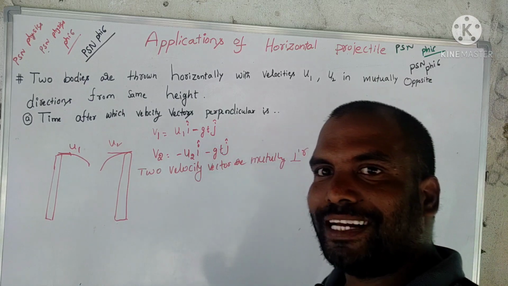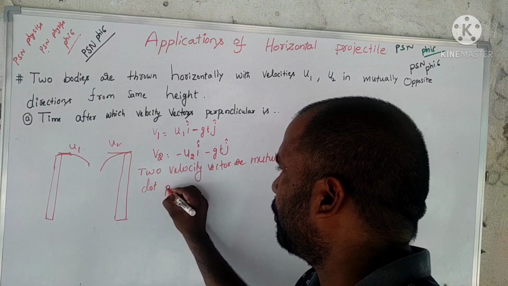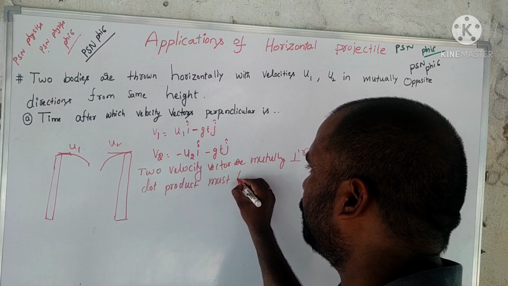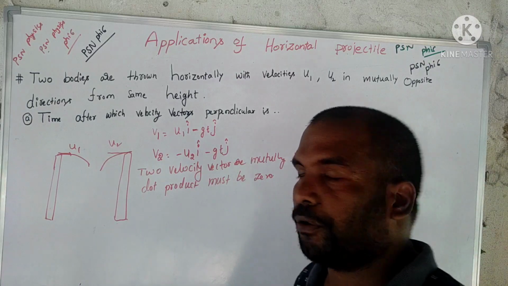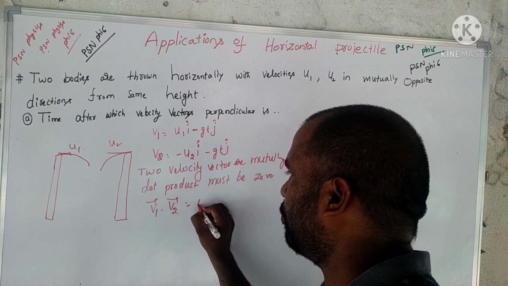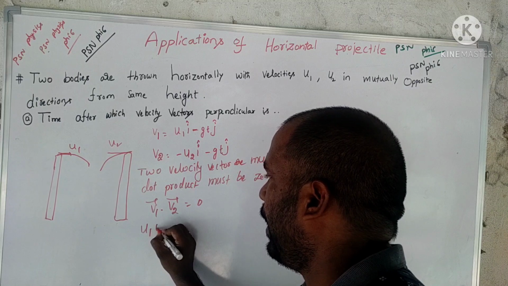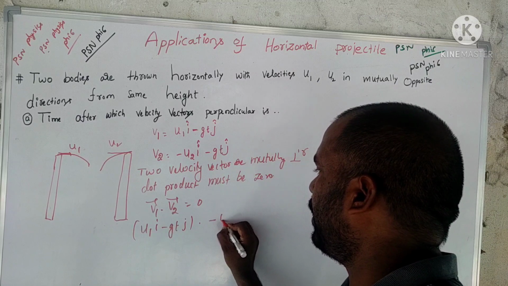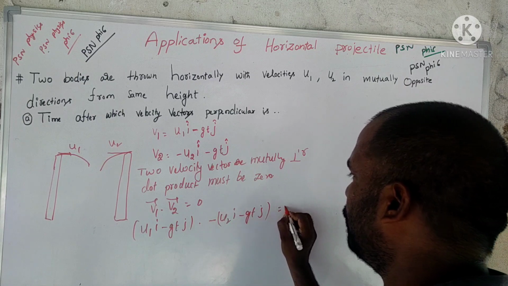Mutually perpendicular means the dot product must be 0. Therefore, v1 vector dot v2 vector is equal to 0. Substituting the values, (u1 i minus g t j) dot (minus u2 i minus g t j) must be 0.